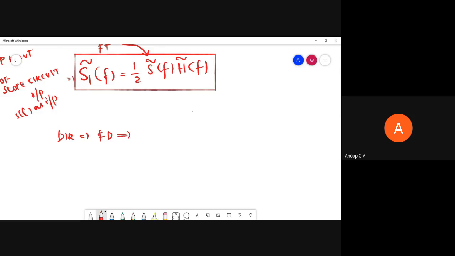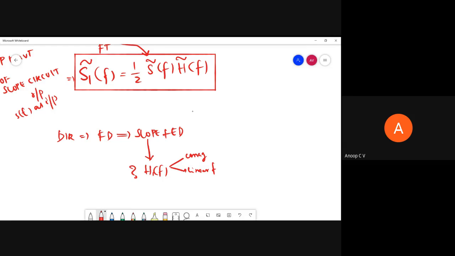The frequency discriminator in turn has a slope circuit plus envelope detector. This slope circuit has a transfer function H1 of f, right? It is purely imaginary and a linear function of frequency.